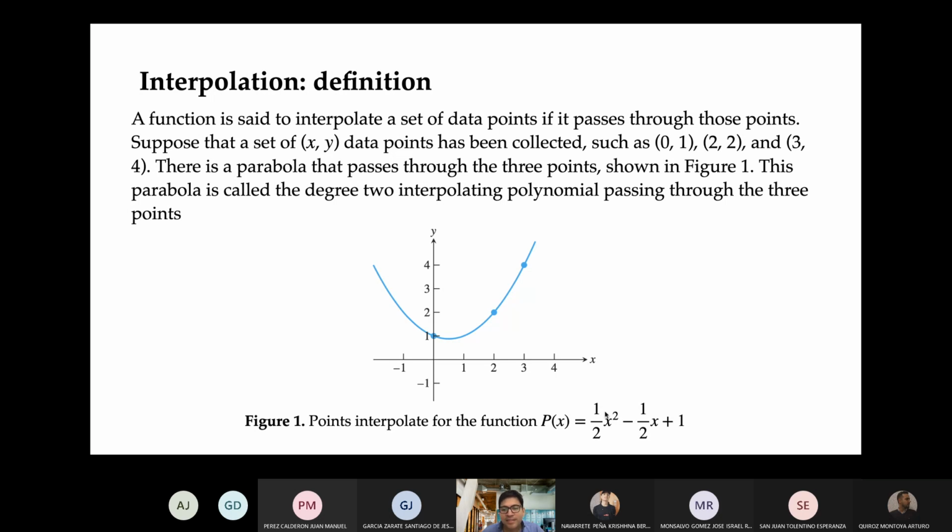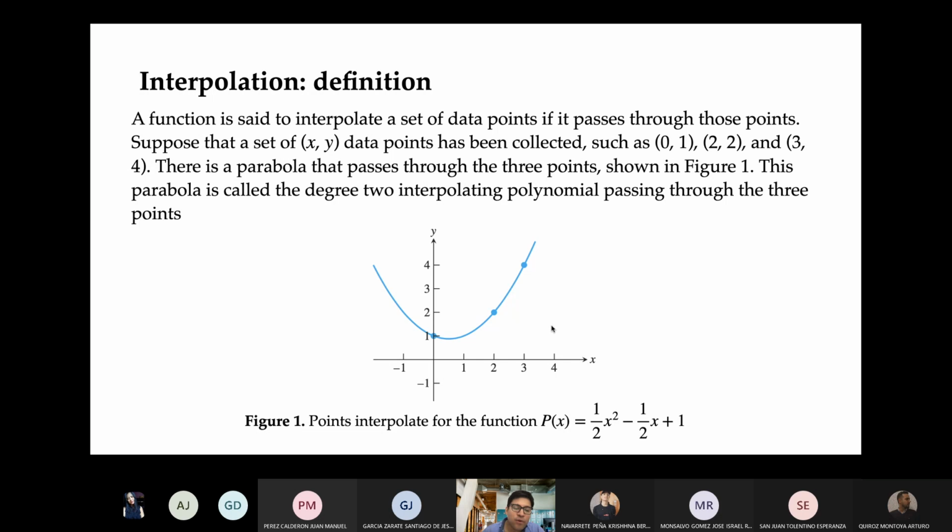So in this case, you see that there is a kind of rule, that you will always find a polynomial of degree n-1, where n is equal to the number of points, passing through all the data set. Okay, so if you have 3 points, you will have a second degree polynomial.